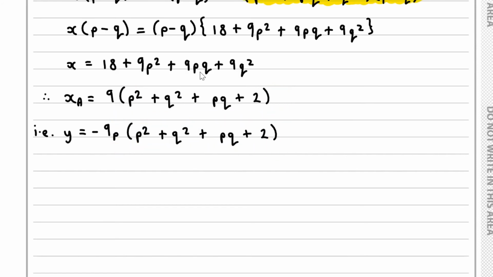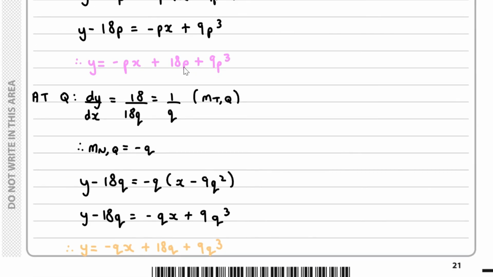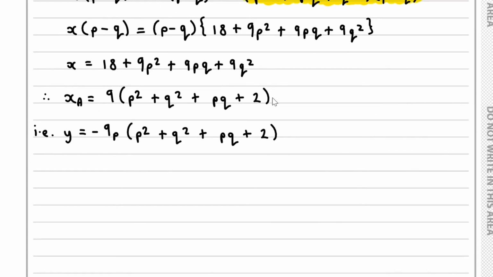Okay, and then we've got the other terms as well, which we had. We've got the plus 18p plus 9p cubed. So let's add those on. We've got plus 18p plus 9p cubed.